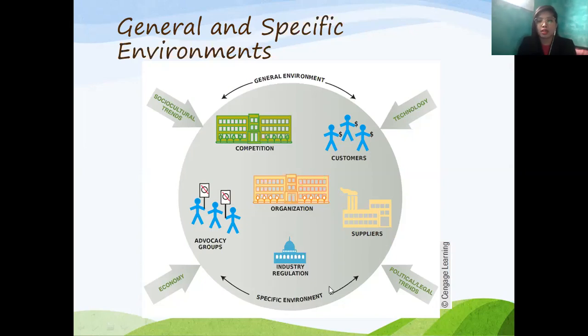Okay, so for the specific environment, we have the groups, the industry regulations, the suppliers, okay, the customers, the competition, and then at the middle is the organization. Okay, so again, we have general environment and specific environment for an organization.